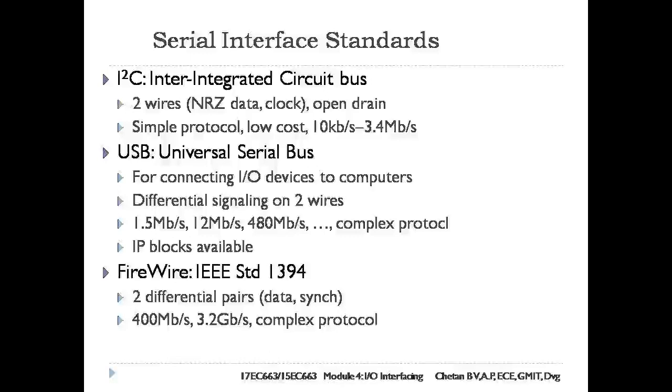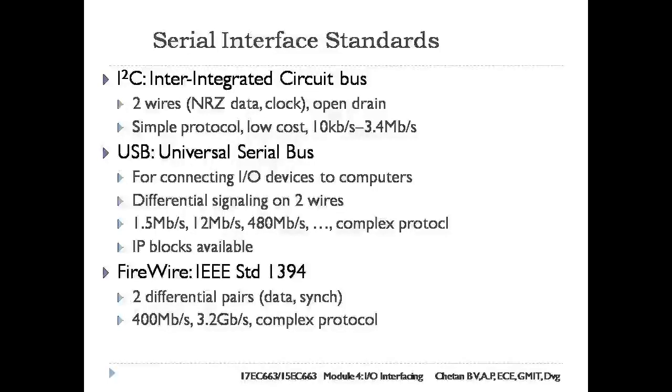Different configurations support serial transmission at 1.5 megabit per second, 12 megabit per second, or 480 megabit per second. It is a complex protocol. USB interface designs for inclusion in ASIC and FPGA designs are available in component libraries from vendors.